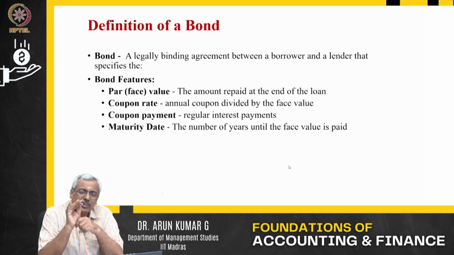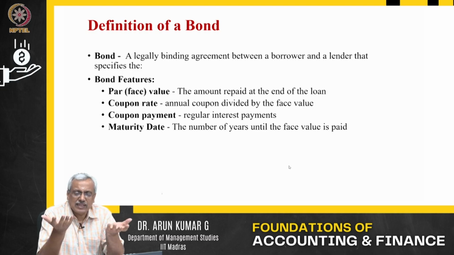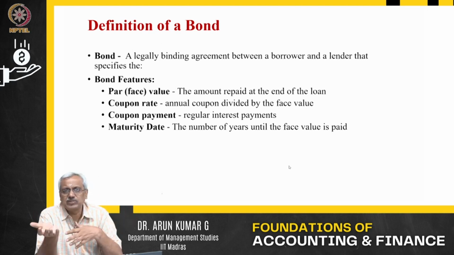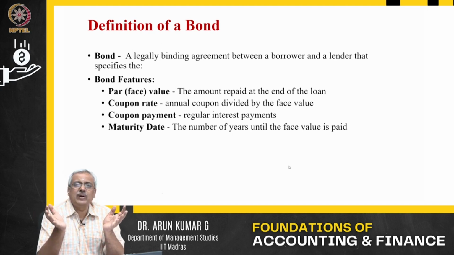What is a coupon? The coupon rate is nothing but the rate of interest that the bond carries. The rate of interest could be anywhere, depending on the market rate, the risk factor, who is the issuer, and who is the subscriber. A whole lot of things come into it, and then they decide the interest rate.